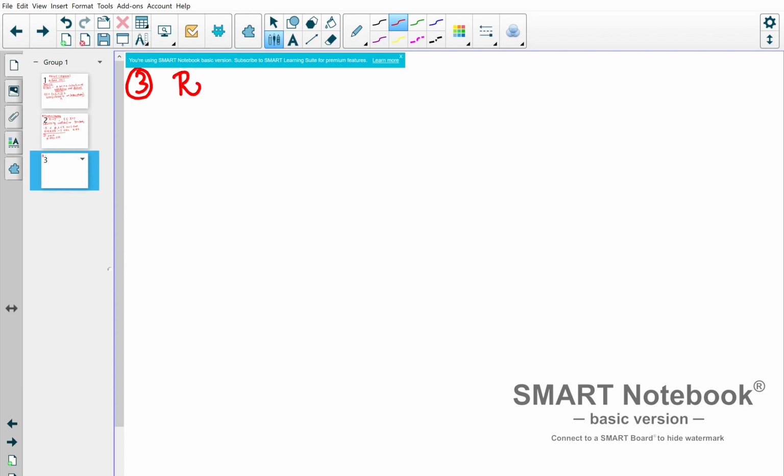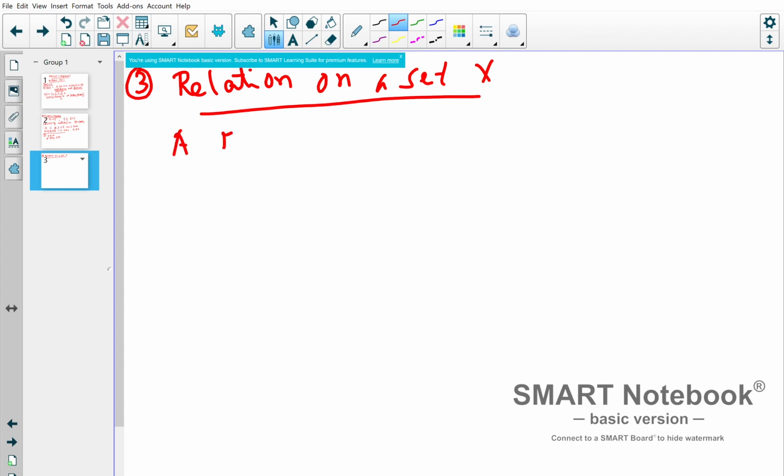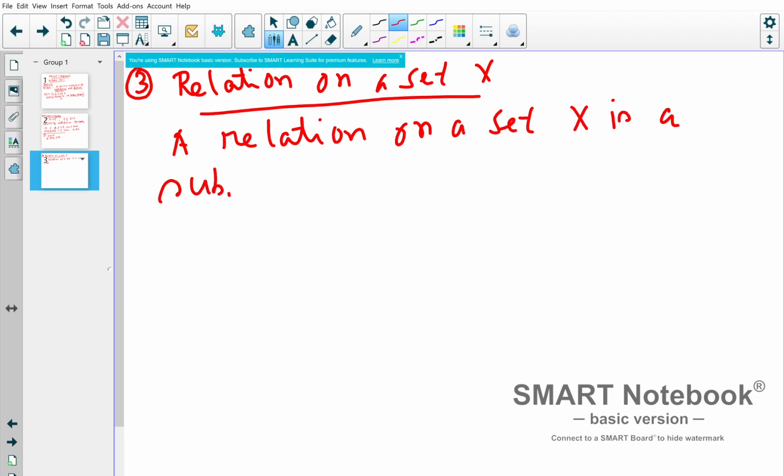You know that a relation on a set, say X, is a subset of X cross X.